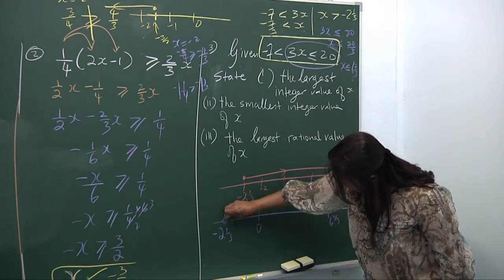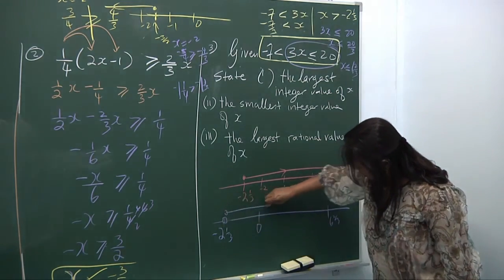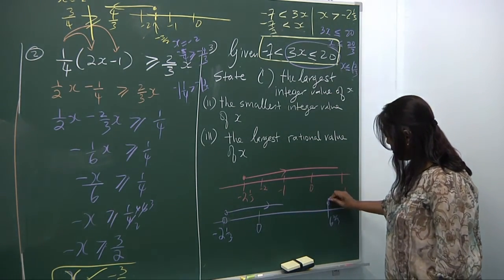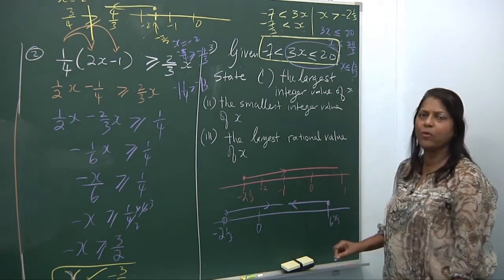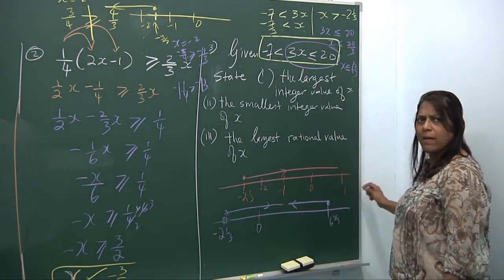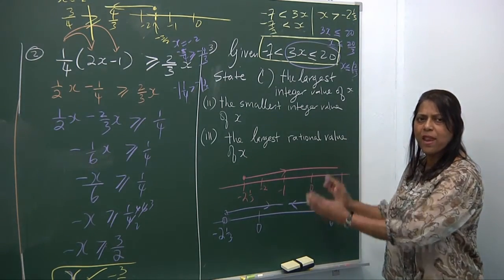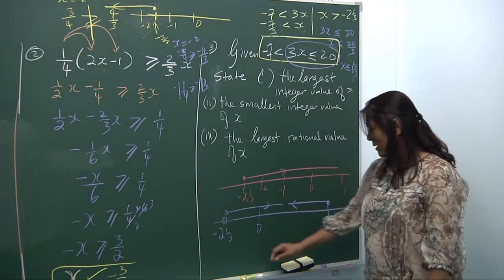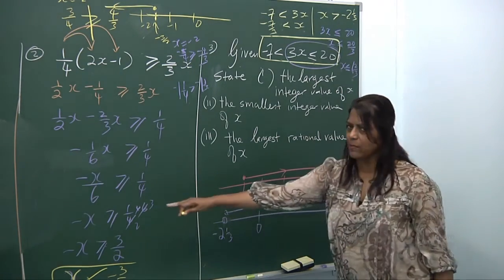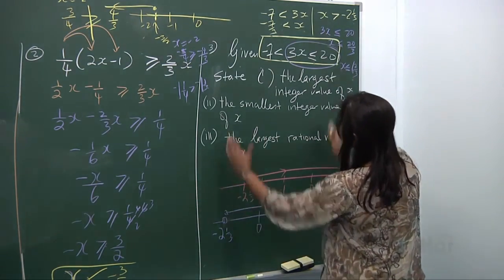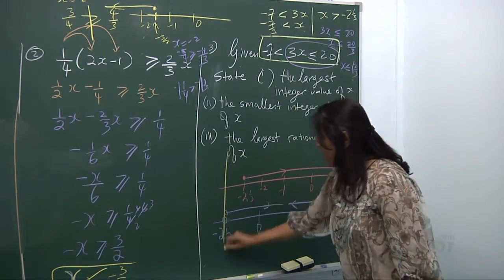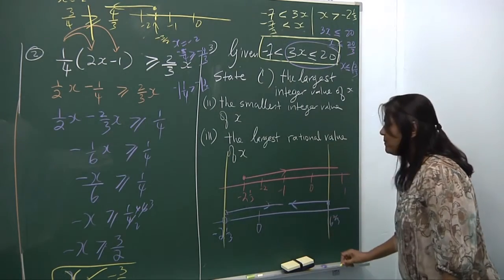It's just not included from this point onwards. But this is smaller or equal, so we shade it from this point onwards. This goes on, and this goes right on. But they must satisfy within that range. You are going on and on this way. But we must satisfy because we're given within that range. The limits are there. So x is from here to here.